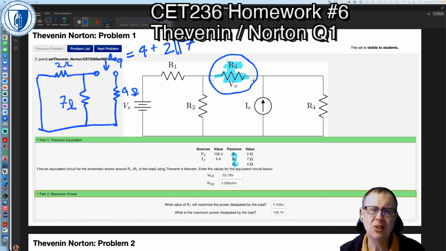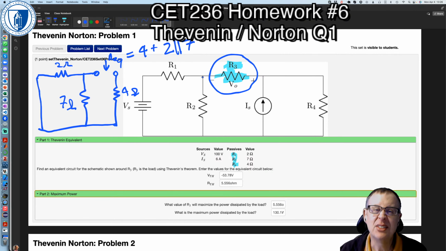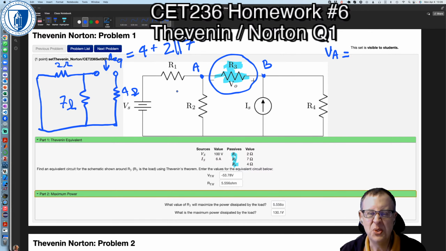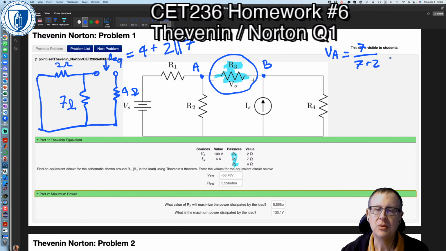And so the open circuit voltage on this side, let's just label that as point A and this is point B. So VA equals, and this is just a voltage divider, it's not connected anywhere here. Remember, we've removed R3. So R1 and R2 is just a voltage divider, so it's going to be 7 divided by 7 plus 2 times Vs, which is 100.